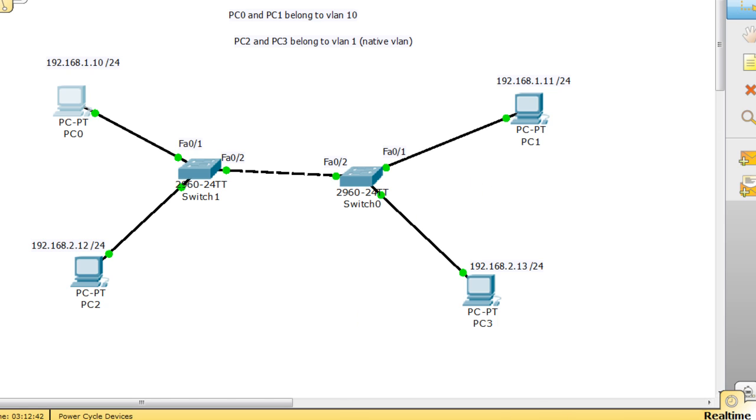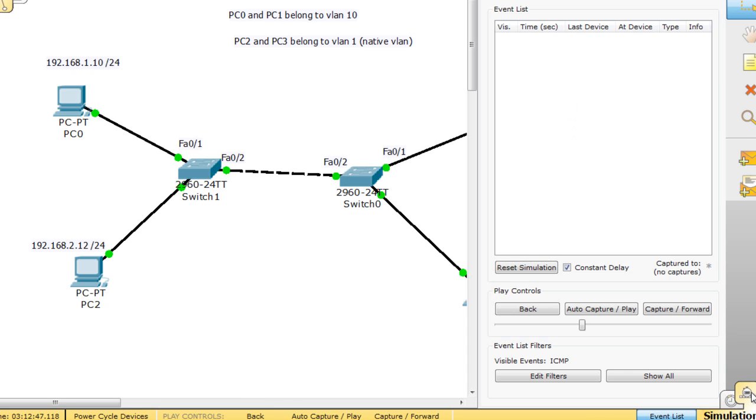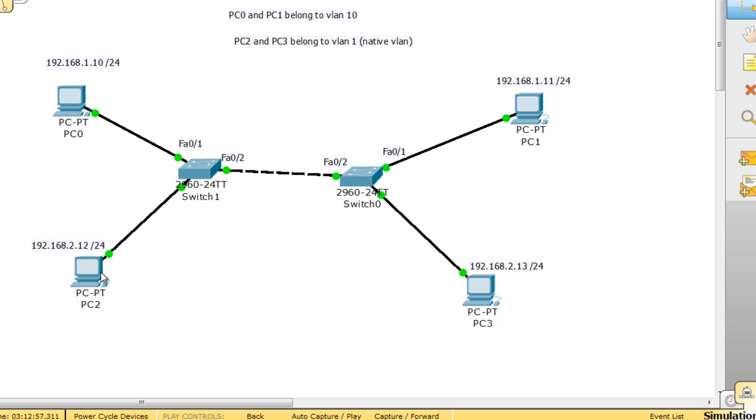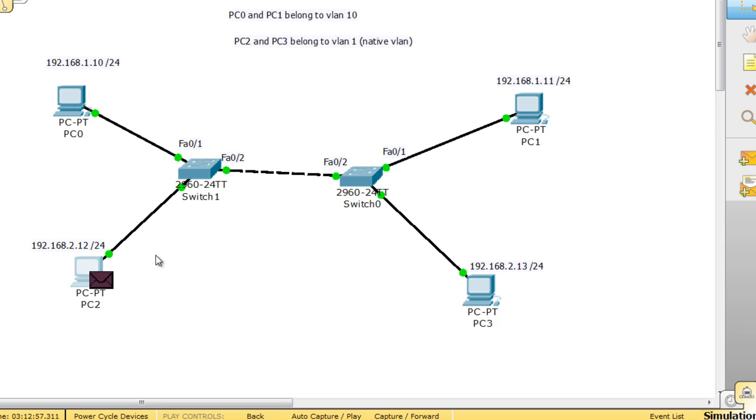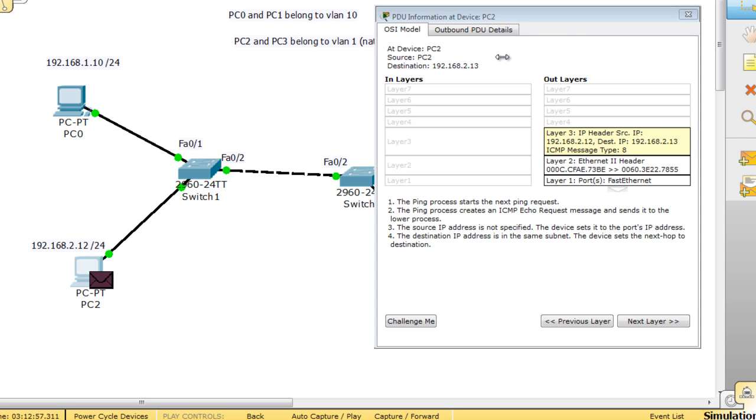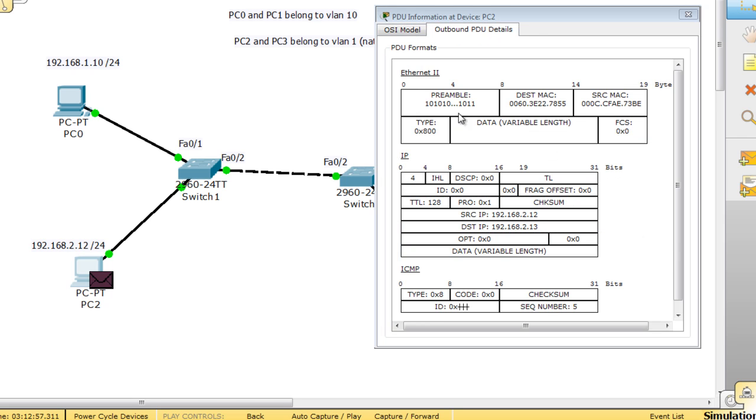Let me go to the simulation mode, and I'm gonna go to PC2, and I'm gonna try to ping PC3, and let's watch the packet up here. So you see this packet, we have the outbound PDU. Same thing like the example earlier.